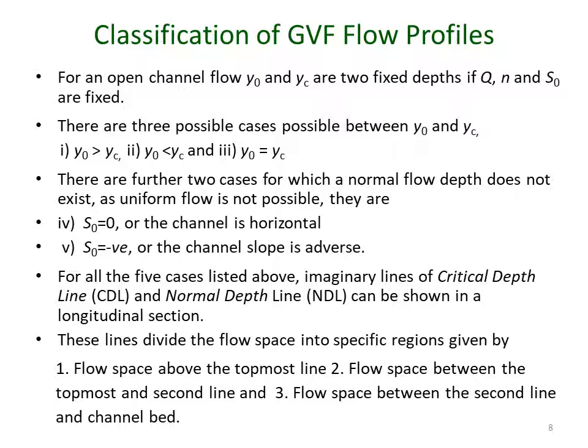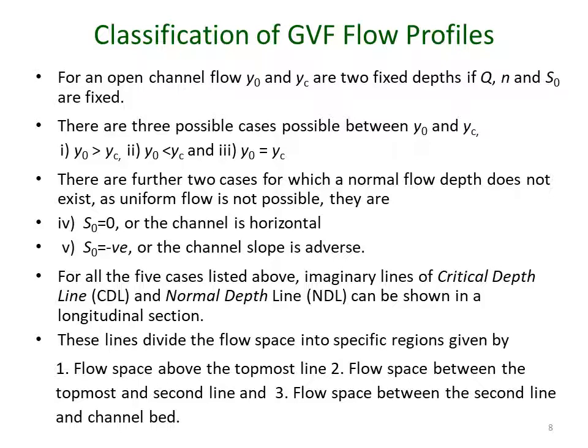gradually varied flow, and for those 5 cases we can draw a couple of imaginary lines in the longitudinal section of a gradually varied flow, and those imaginary lines are the critical depth line or CDL and the normal depth line NDL.